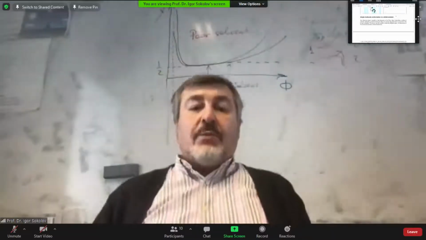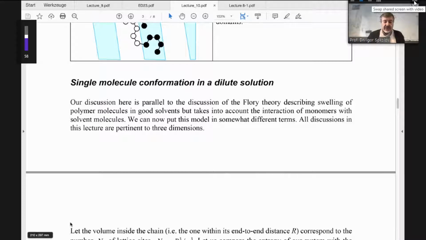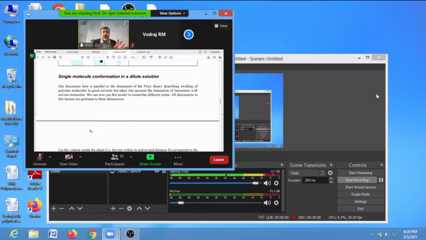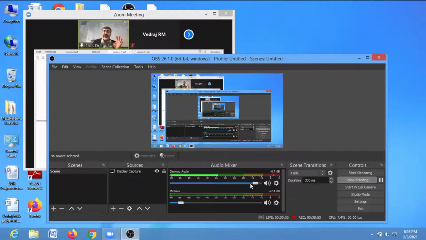Now, let us try to build a theory of these single molecules, which means of molecules in a dilute solution, already having the machinery of a Flory-like approach.